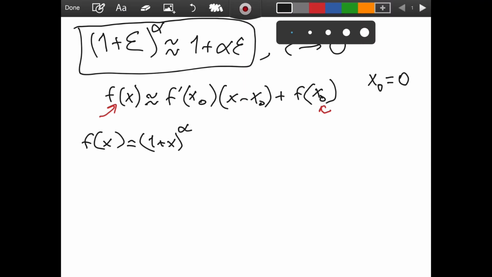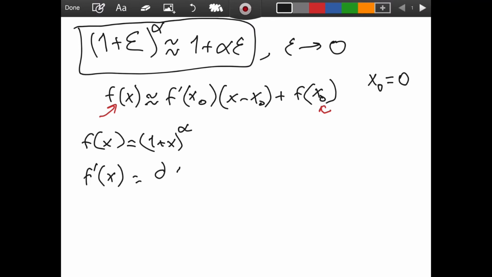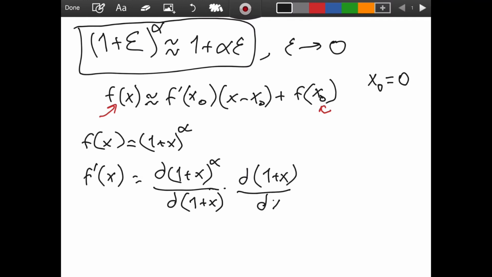Actually, before doing the proof, let's also take the derivative of f of x. We will need it. Its derivative will use the chain rule and the power rule. We will first take the derivative of 1 plus x raised to the power of alpha with respect to 1 plus x, and then we will take the derivative of 1 plus x with respect to x.